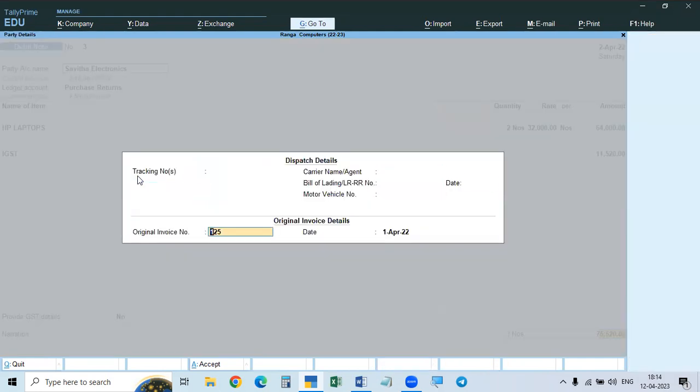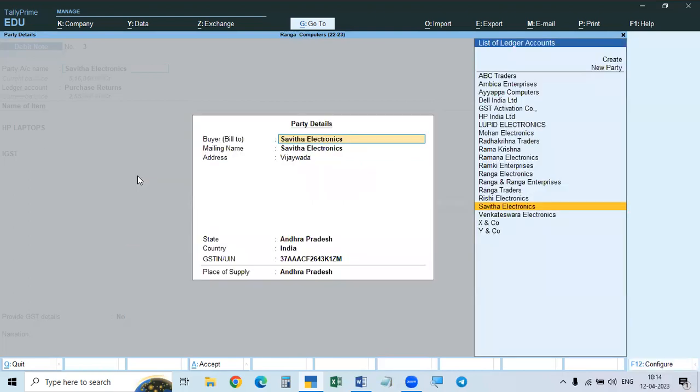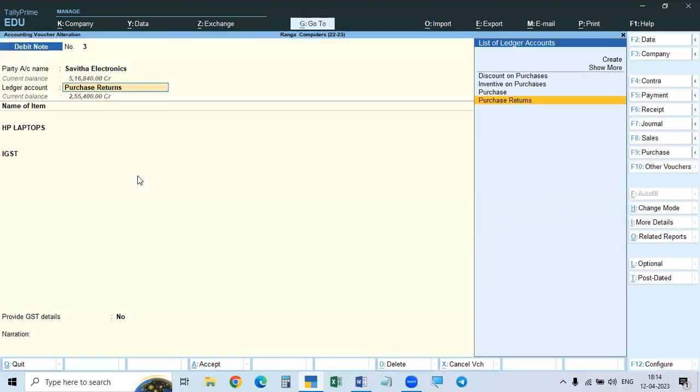Below that, the original invoice number and the date, that is, the invoice against which we are returning the goods. We received the invoice and goods, and out of that we are returning, so we have to give the original invoice number and date. Then party details, save, then purchase returns as the ledger account, because we are returning back the purchases. Purchased goods we are returning are called purchase returns.